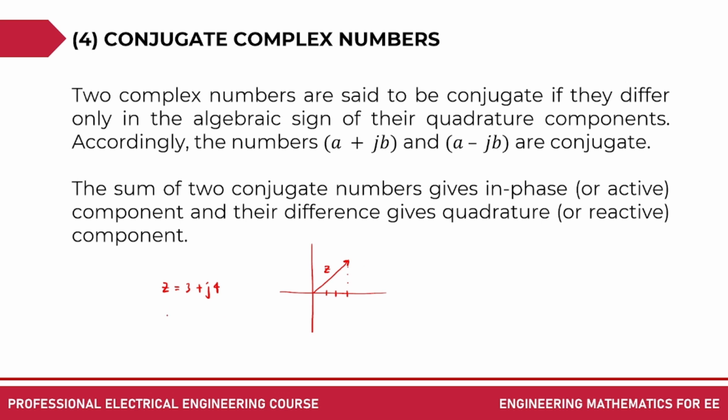Now, its conjugate, which is symbolized as z asterisk, is 3 minus j4. So it will go on another side. This one is your z conjugate.